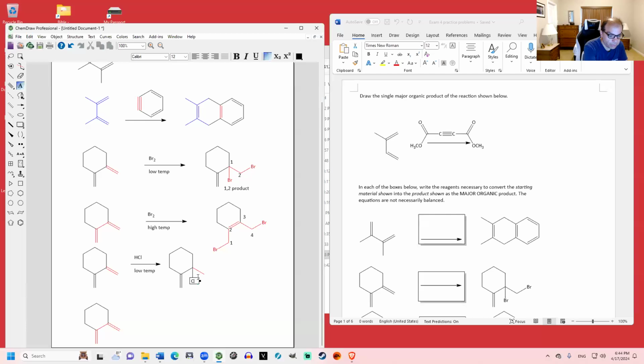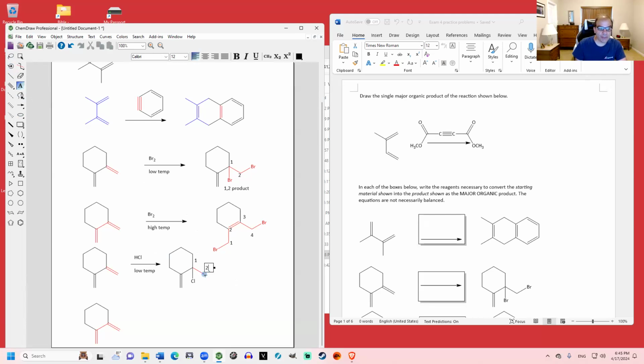That looks like this. The two carbons that are involved are right next to each other. They're in a 1,2 relationship. On one of those carbons, the chlorine goes, and in the other, the hydrogen goes.